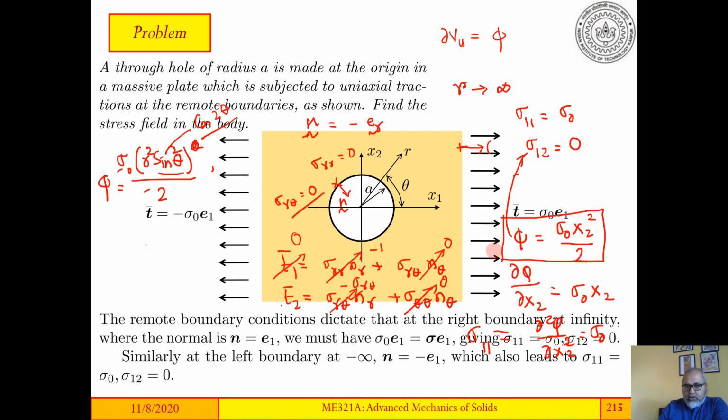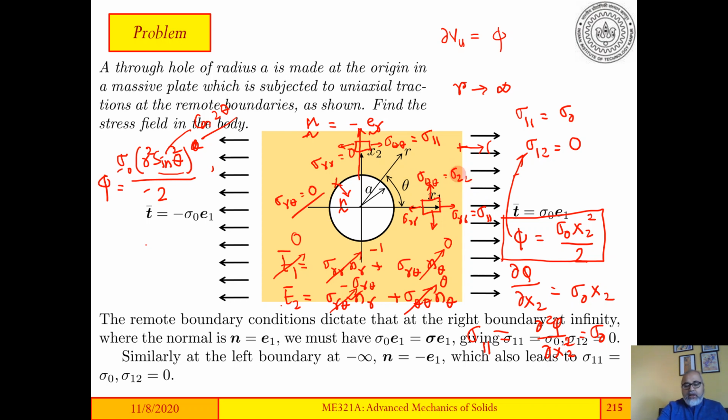So at theta equal to pi by 2, for example, you are here on this line, your sigma theta theta is this, and that is same as sigma 1 1. At theta equal to 0, you are here, and theta theta is this, and RR is this. So RR is equal to 1 1 and theta theta is equal to 2 2.